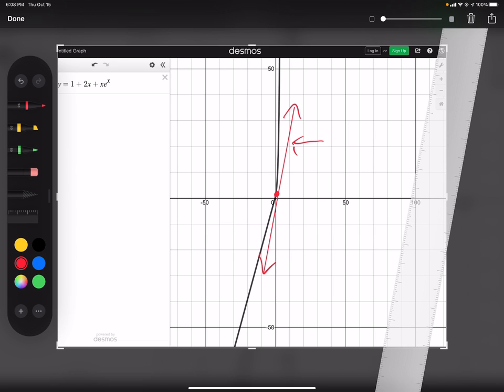And the point of tangency, you have to realize, is x1, y1. That's that point. And then we have to find the slope, which we know is the derivative. But since we want the slope at the point of tangency, we want it at that x1. And that x1, they told us, is 0. So we got to go back, find out what our y1 is, and find out what our slope is.